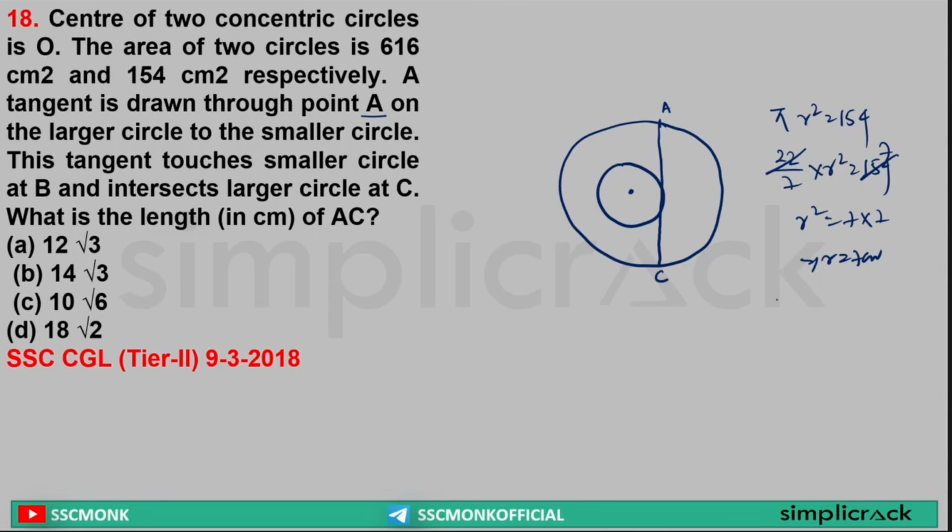For the bigger circle, it is pi r square is equal to 616. Pi means 22 by 7 into r square, that is equal to 616. 11 2s are 22, 11 5s are 55, 11 6s are 66, 2 28s are 56. So r square is equal to 28 into 7, or I can write 28 is equal to 7 into 4 into 7.